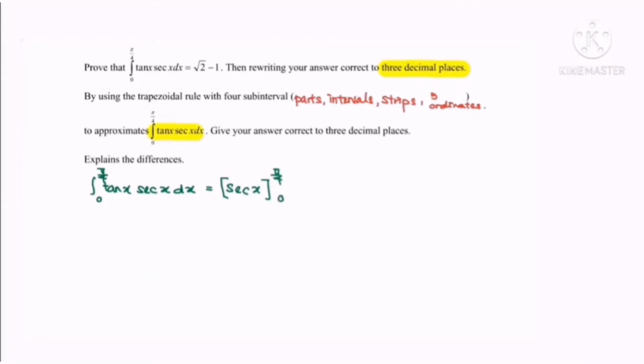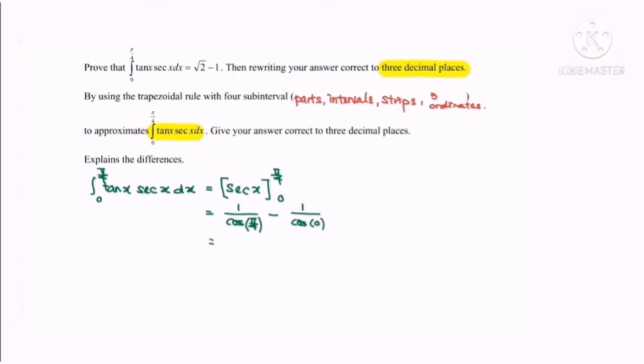Next, we substitute, where we know that secant x is equal to 1 over cos x, where we have pi over 4, minus 1 over cos 0.